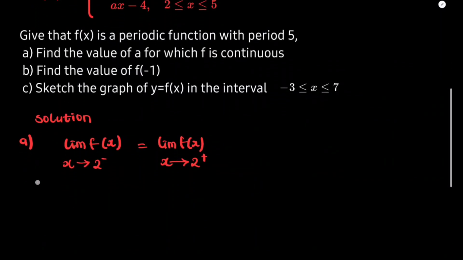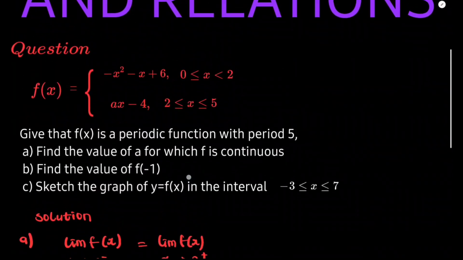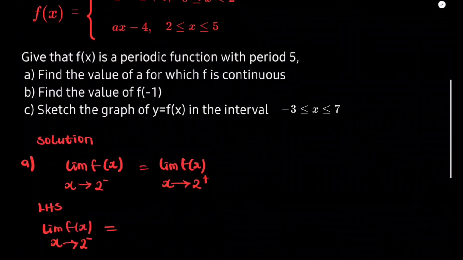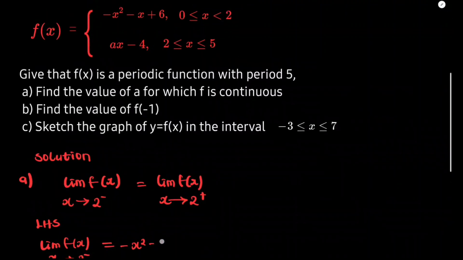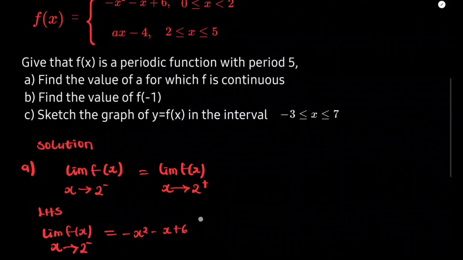Let's take the left hand side first. Let's evaluate the limit of f of x as x goes below 2. Here x is less than 2, so this is the function we have in that case: minus x squared minus x plus 6.